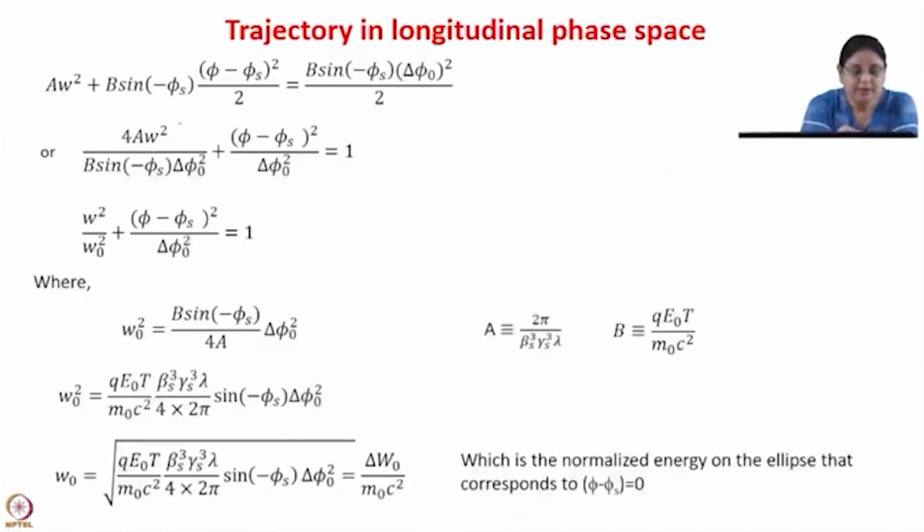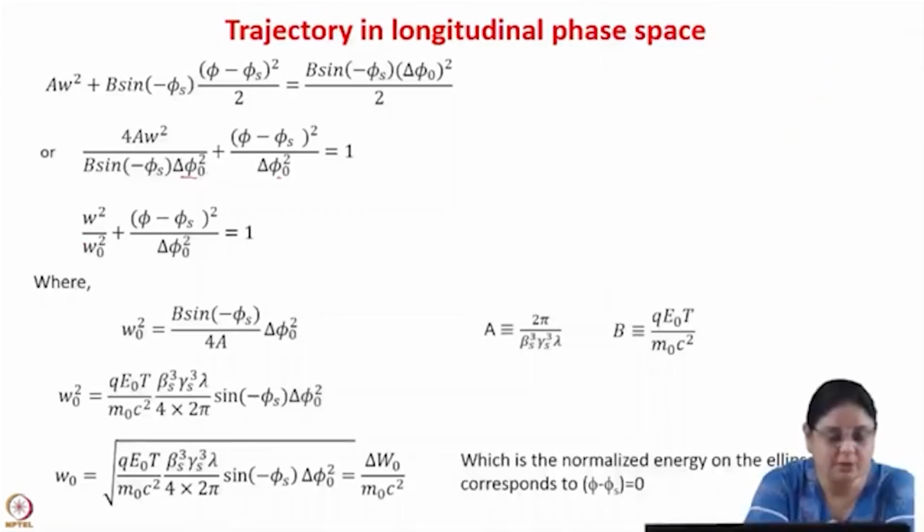Again we can rearrange this equation, and we get 4 A w square divided by B sine of minus phi s delta phi 0 square, plus (phi minus phi s) the whole square divided by delta phi 0 square, is equal to 1. Now this can be written in the form of the equation of an ellipse such that w square by w0 square, where we call the other terms w0 square, plus (phi minus phi s) whole square divided by delta phi 0 square is equal to 1.